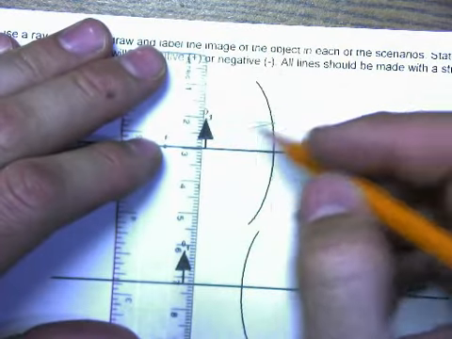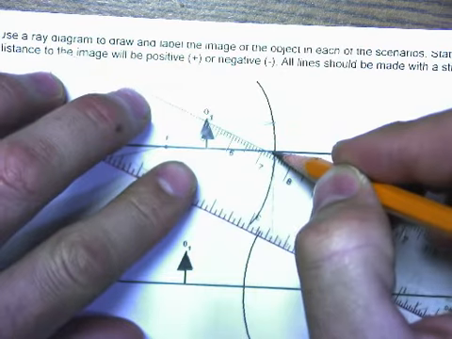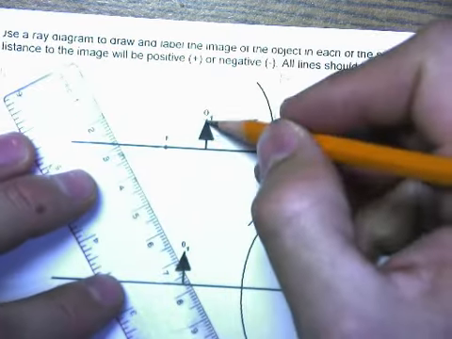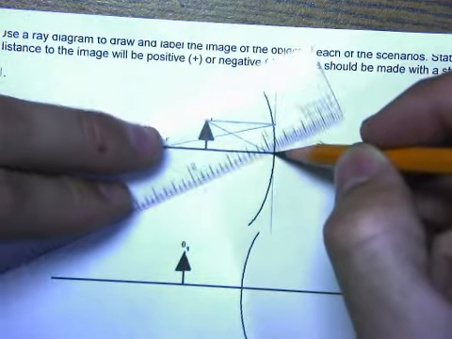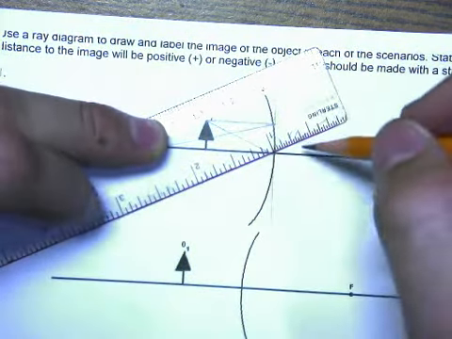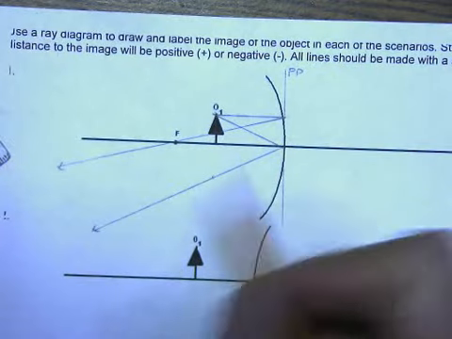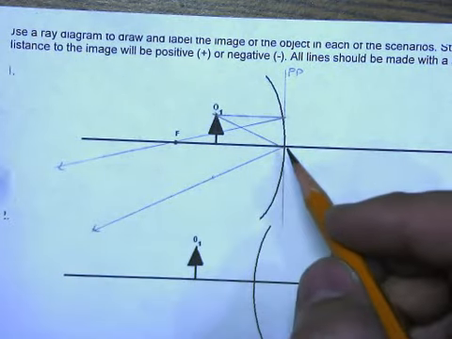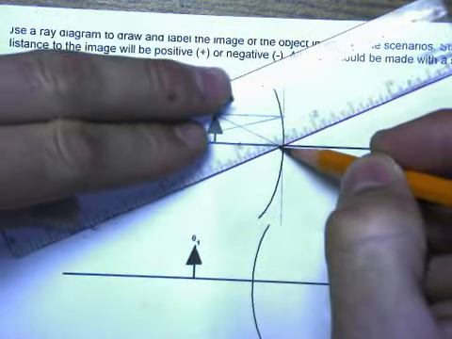Ray 2, I'm a centimeter above, so it's a centimeter below. So I measured up 1 centimeter, so I measured down 1 centimeter here, and I got where this guy. So these two rays are diverging, so they're never going to meet. So I'm going to trace them backwards.